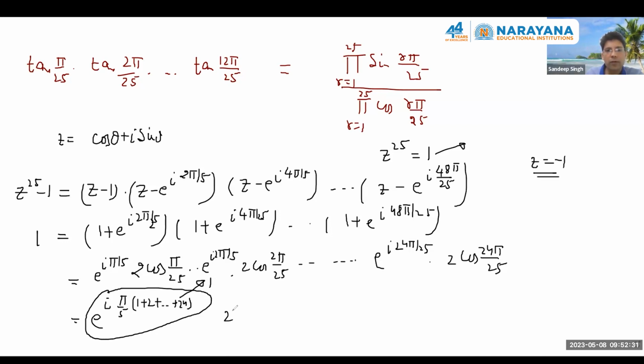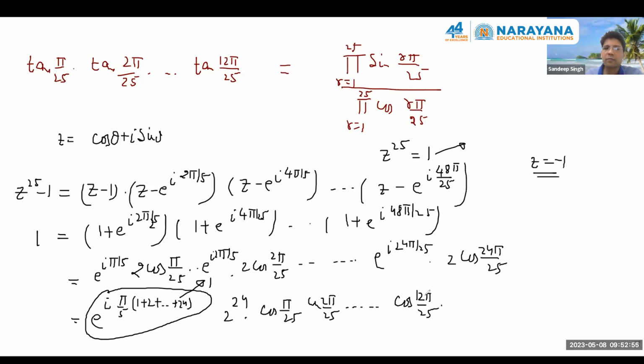So we will be left with 2 power, how many terms are there? 24. Obviously this is going to cancel. Cos pi by 25, cos 2 pi by 25 up to, what will be the middle term? There will be 2 middle terms, right? After cos 12 pi by 25, what will come? The immediately next term will be cos 13 pi by 25.